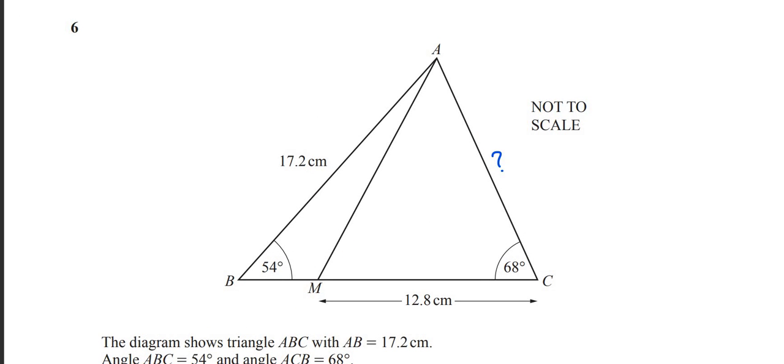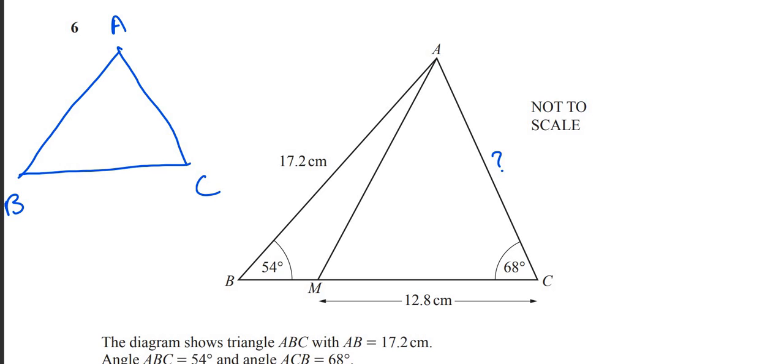If you want, you can make a diagram like this. Whenever you have a question like this, try to make your own diagrams. Try to think outside of the box. So ABC, this is 17.2, this is X, this is 54, this is 68. Now I can easily use sine law.